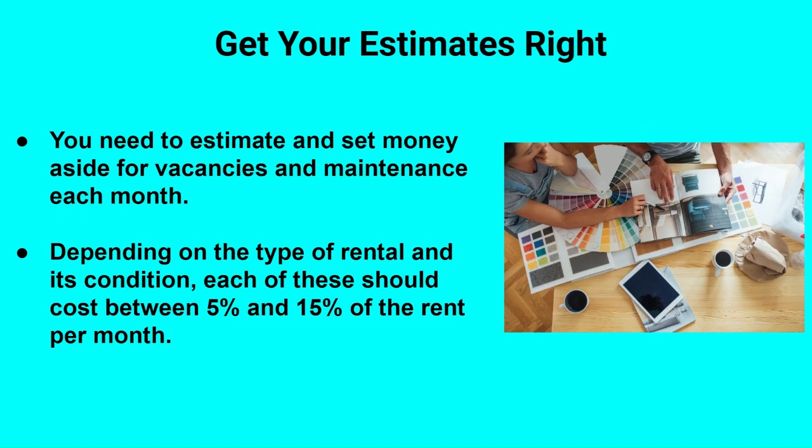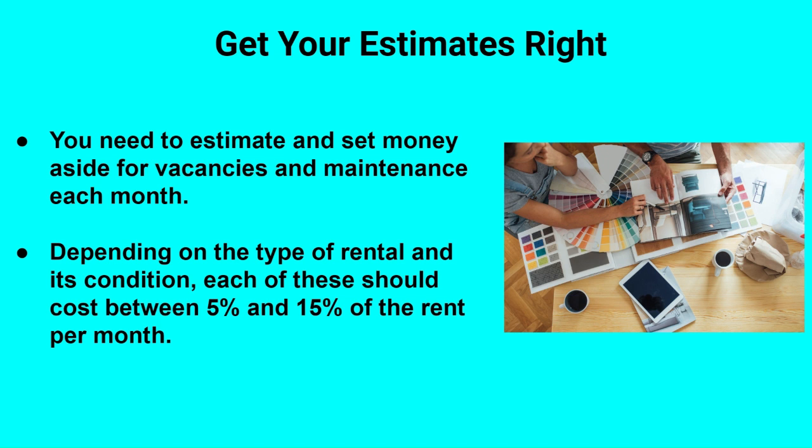So, two things in particular: you need to estimate and set money aside each month to account for vacancies and maintenance. Because one, your property is not going to be occupied 100% of the time. It's just not. Maybe a tenant moves out and it needs a few weeks to turn it over before it can be re-rentable. Maybe it'll sit on the market for a month or two if the real estate market's weak.